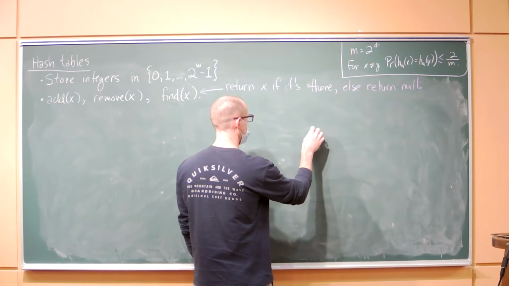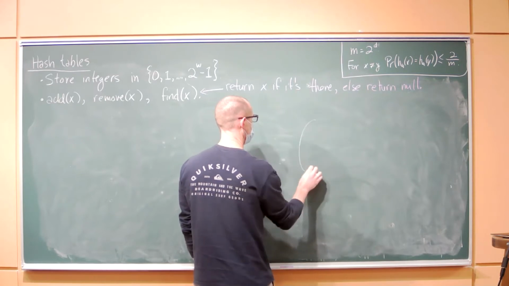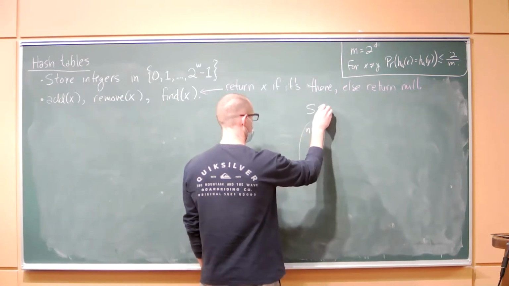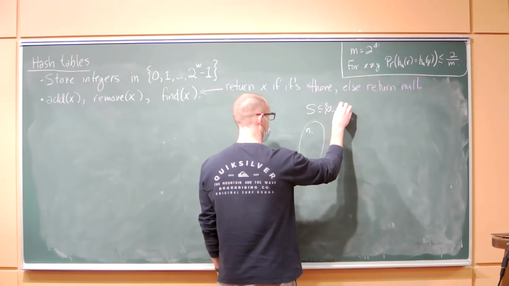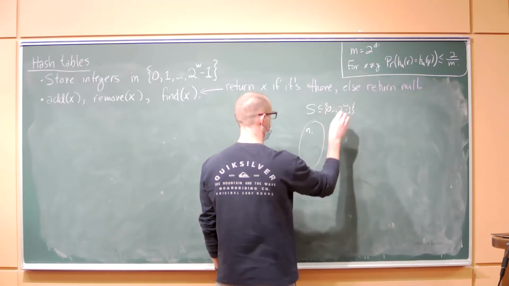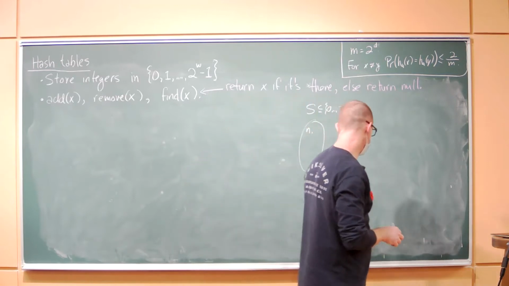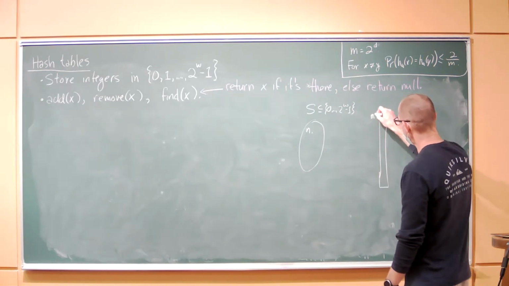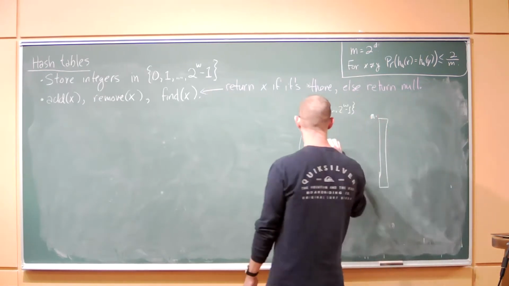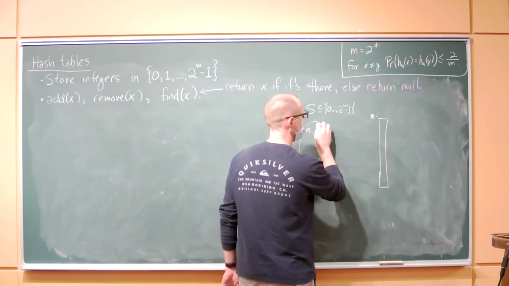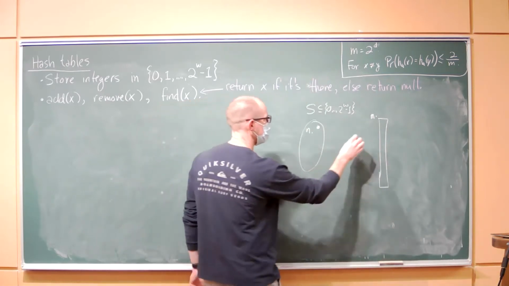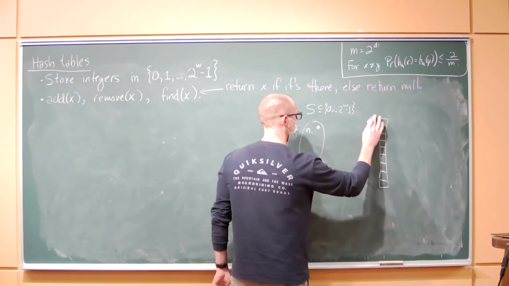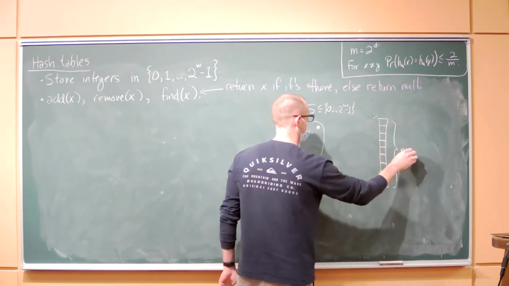So I'm going to take n elements, so some S, which is a subset of the integers that I want to store, and I'm going to put them into a table of size m.